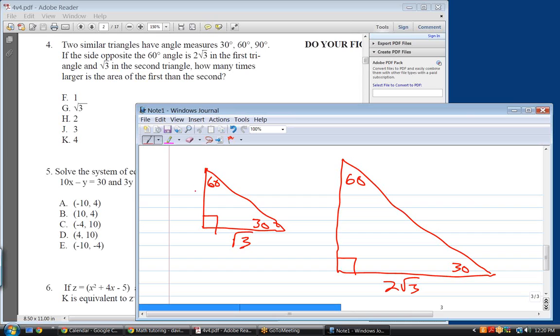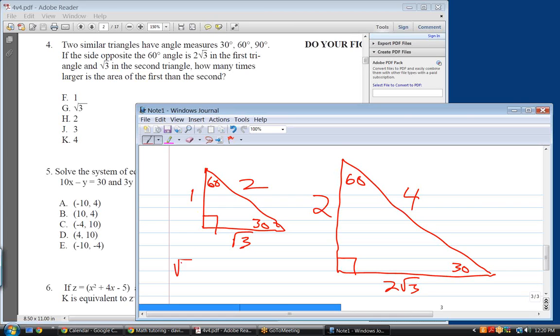But in other words, I know that that side is 1, and this is 2, just because I know my 30-60 unit triangle. So this side has to be 4, because the similarity ratio is 2 to 1. Now notice how we find area. It's 1/2 base times height.